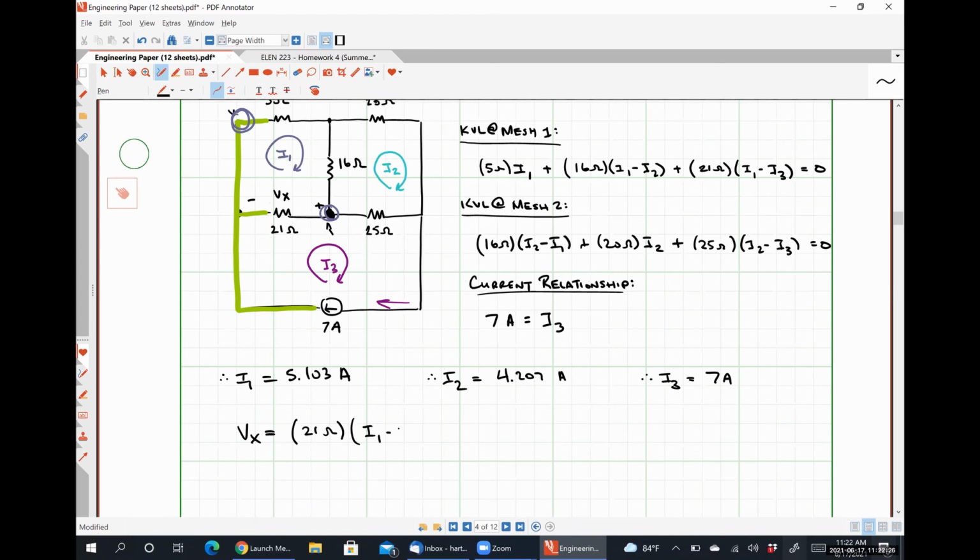Minus I3. There we go. So Vx is simply 21 ohms times I1 minus I3. So that would be 21 times negative 39.842 volts.